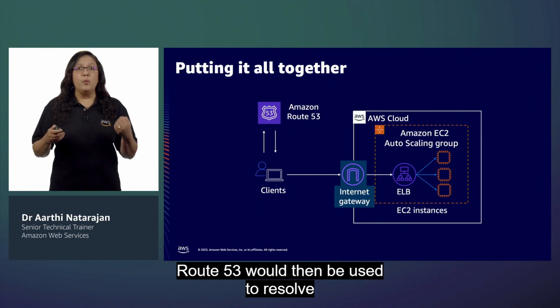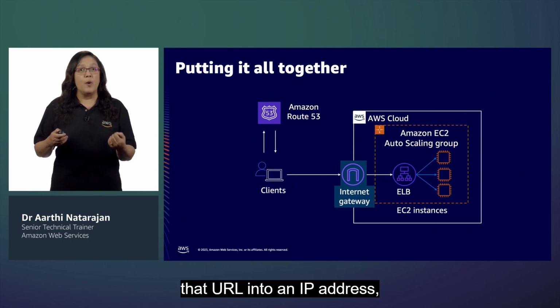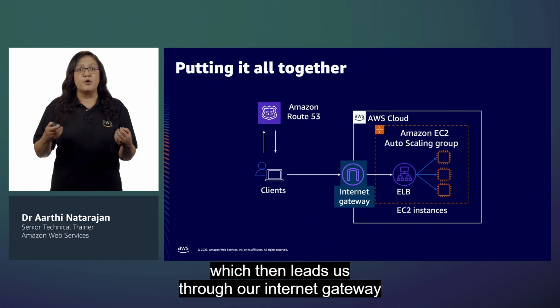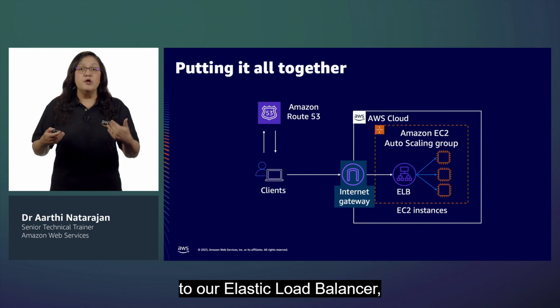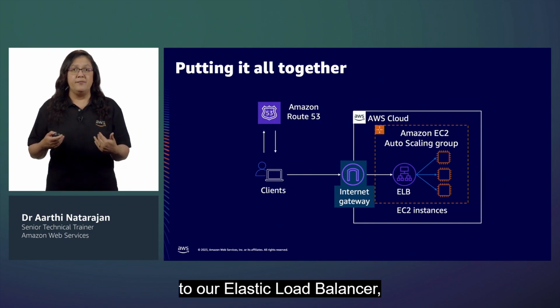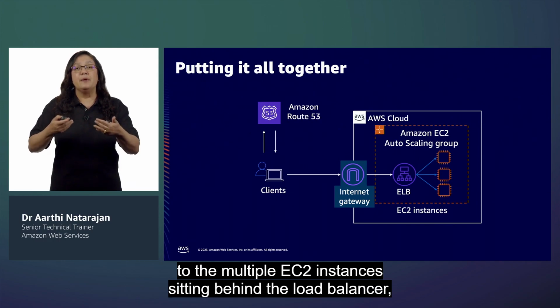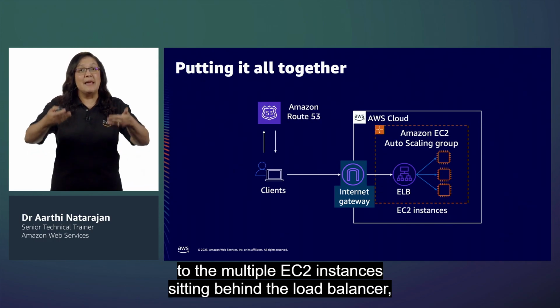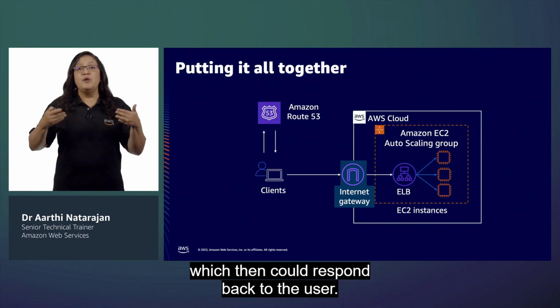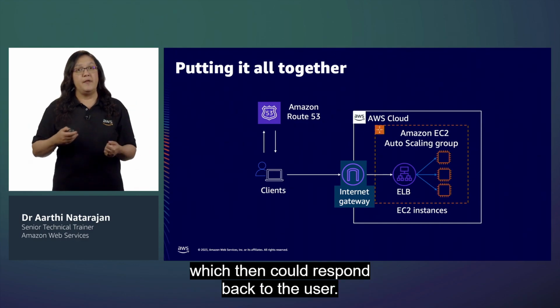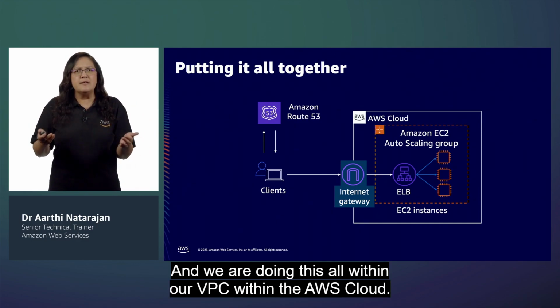Route 53 would then be used to resolve that URL into an IP address, which then leads us through our internet gateway to our elastic load balancer, which then distributes the incoming traffic to the multiple EC2 instances sitting behind the load balancer, which then could respond back to the user. And we're doing this all within our VPC within the AWS cloud.